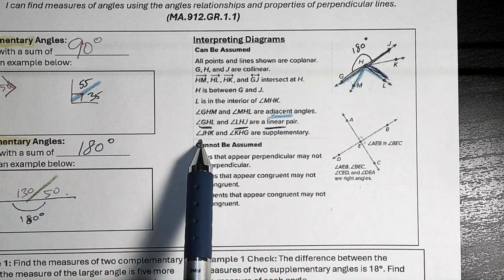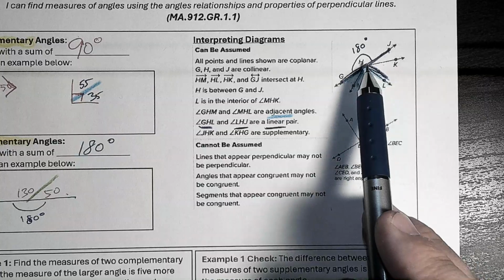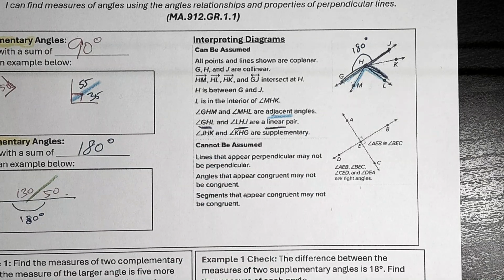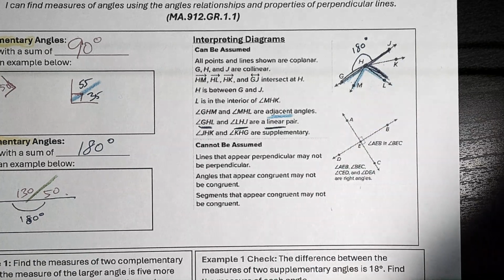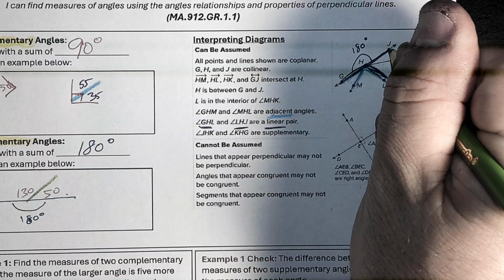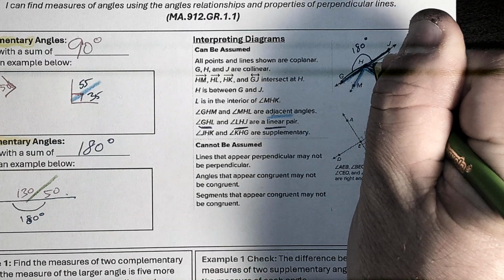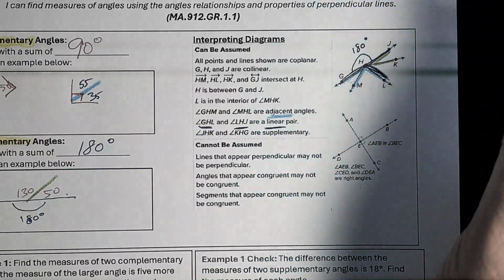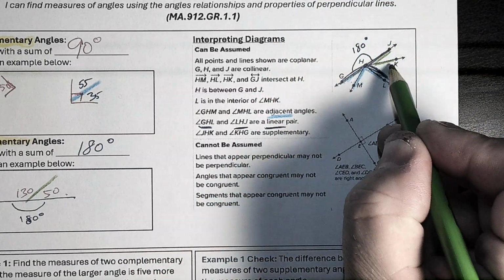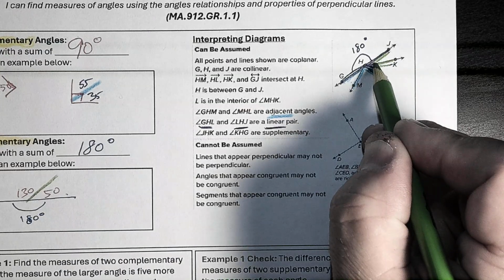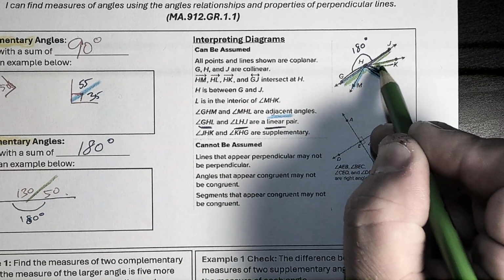And then JHK, let's see, what do we have? Green, okay. So GHK and KHG, so see it's going all the way across.